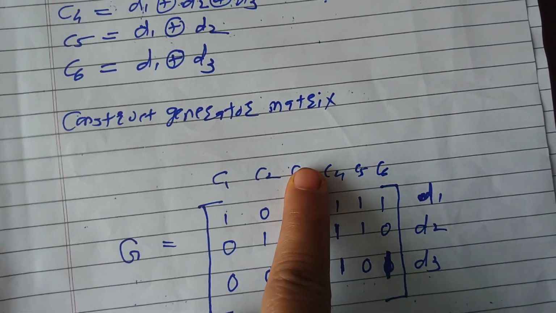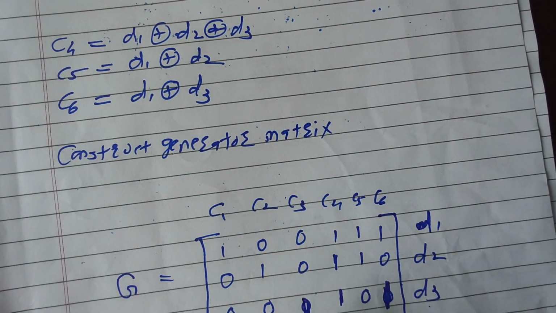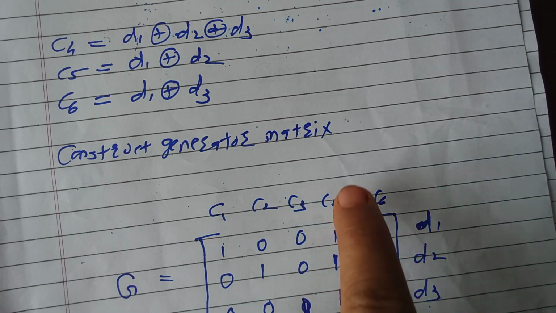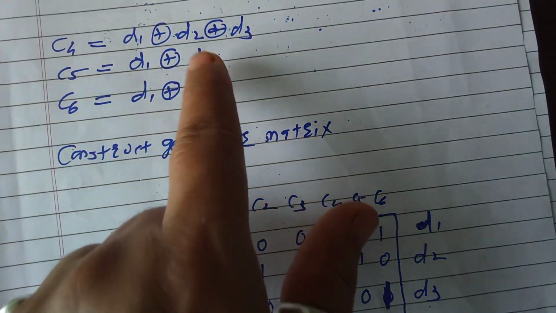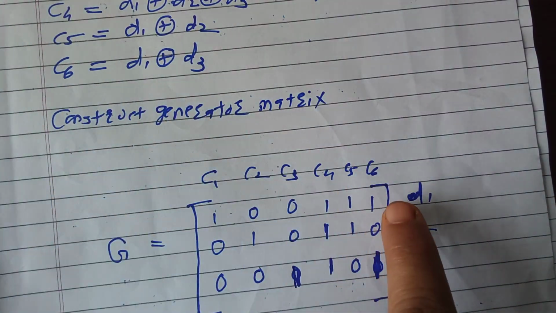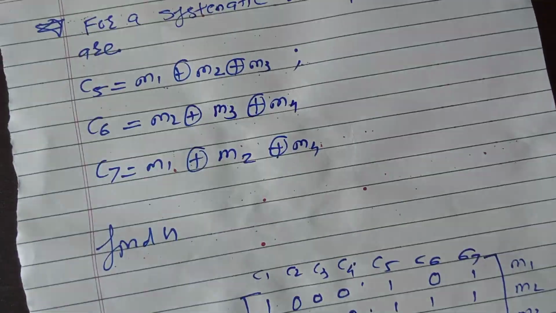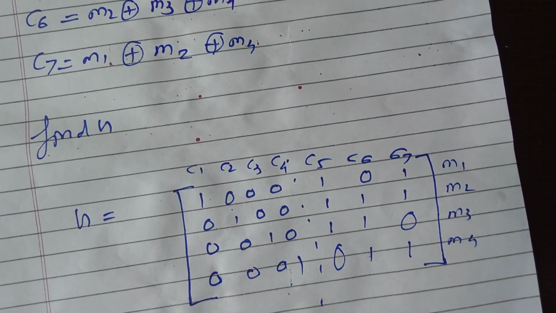After that, for C4 they have given the equation D1, D2, D3, so in each row you have to write 1, 1, 1. For C5, in the rows of D1 and D2 you have to write 1, 1. For C6, in the rows of D1, D3 you have to write 1, 1.